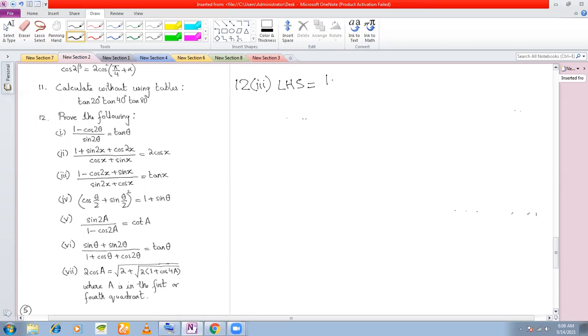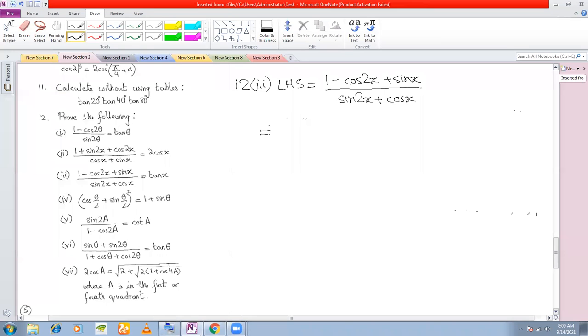You have left hand side as (1 minus cos 2x plus sin x) divided by (sin 2x plus cos x). Now out here, if you see, you have multiple angles in the numerator as cos 2x, and in the denominator the multiple angle is sin 2x.